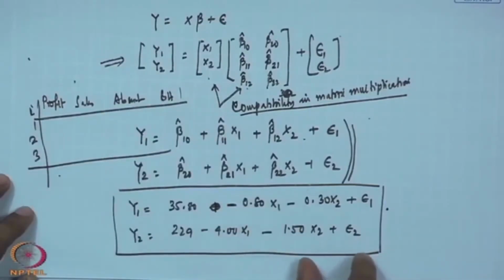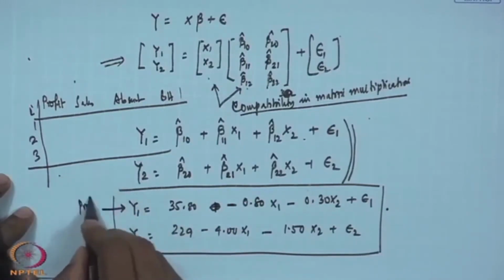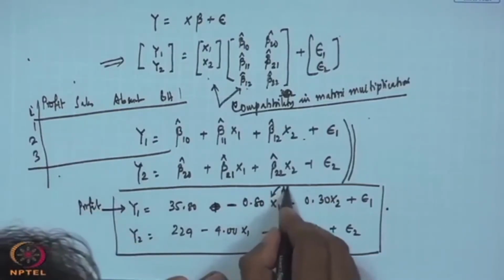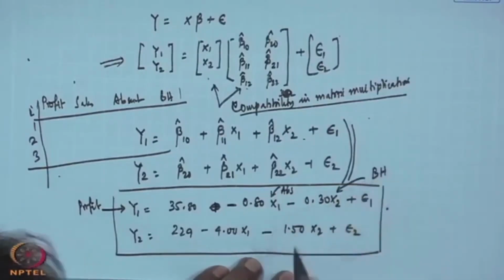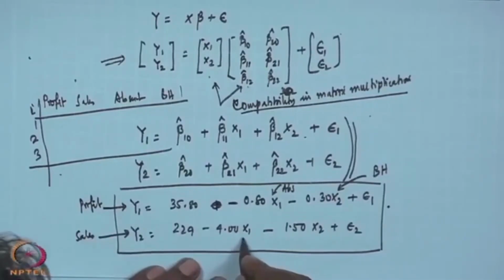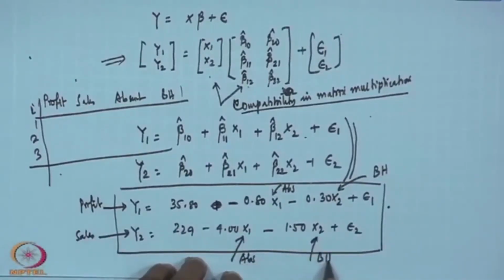There will be a lot of problems with a small data set, I will show you. So if this is the case, then y1 is nothing but profit, x1 is absenteeism, x2 is breakdown hours, y2 is sales, and again this one is absenteeism, and this one is breakdown hours.